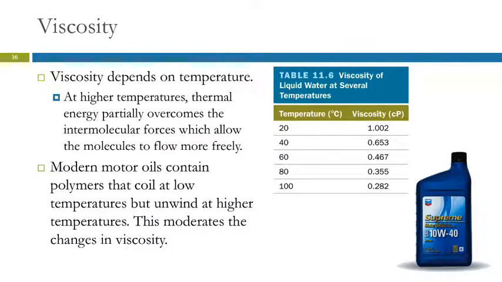So they've done some really cool things with polymers in motor oil. So they've got polymers that will coil up at lower temperatures, so they become more spherical. The intermolecular forces between spherical molecules are not as strong. So at low temperatures, that decreases the viscosity.